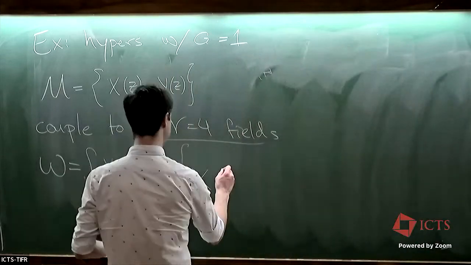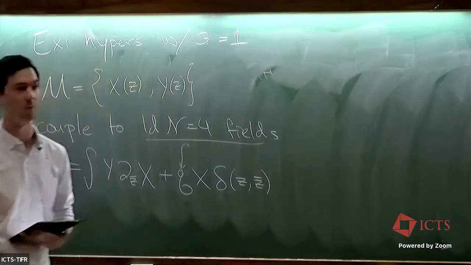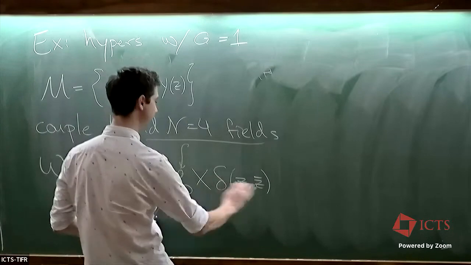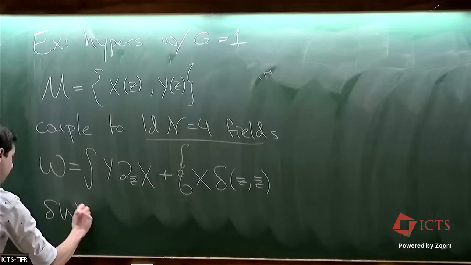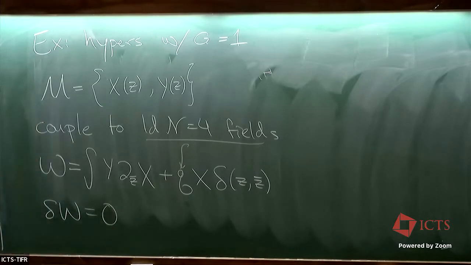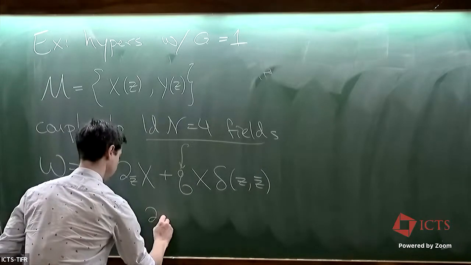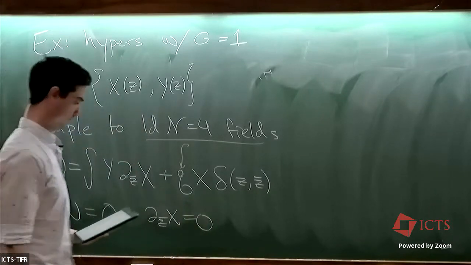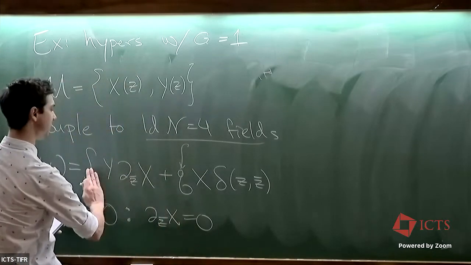So the superpotential coupling happens at a single point on the complex plane. So I throw in a delta function at z equals 0. And then the critical points of the superpotential say that del z bar x equals 0. So x is indeed holomorphic. This just comes by varying with respect to y.